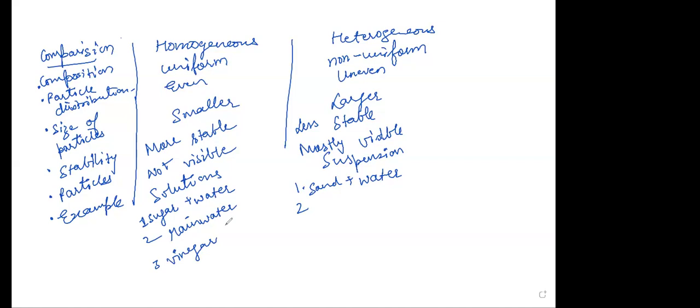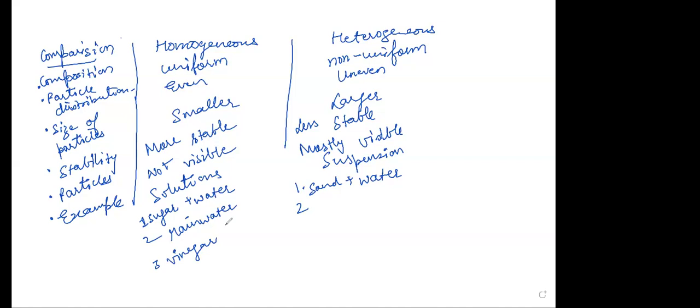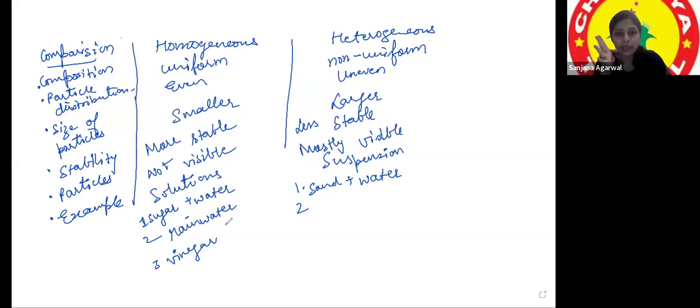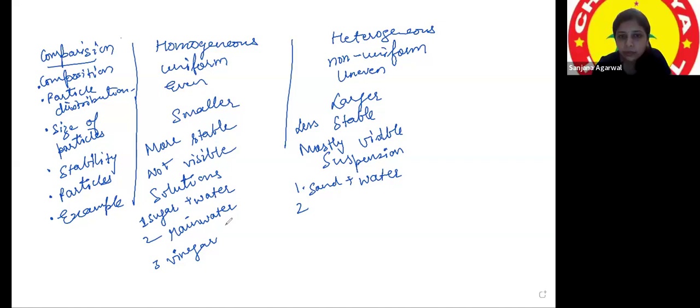We know that it consists of many ingredients, but we perceive them as a single type of substance, and that will be termed homogeneous. By just looking at it, we cannot identify what ingredients are present. We cannot see the ingredients separately. Those mixtures are homogeneous mixtures. Understood? Yes, ma'am.